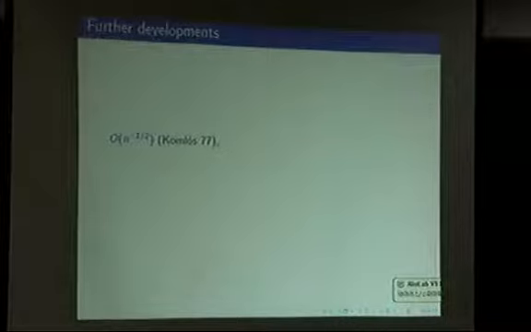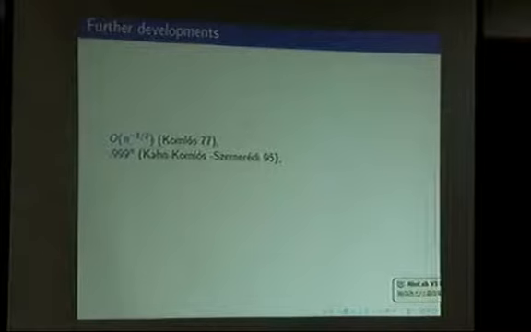All right, so Komlós proved something going to 0, and next he proved that it can go to 0 polynomially fast, 1 over square root n. And in '95, Kahn, Komlós, and Szemerédi were the first people who made the breakthrough showing that it does go to 0 exponentially.